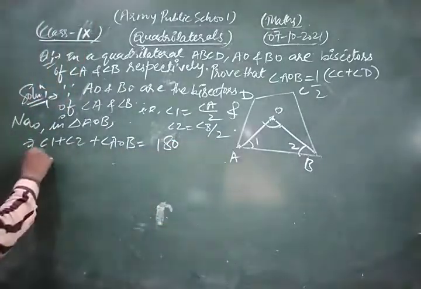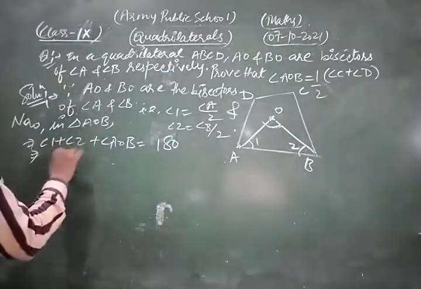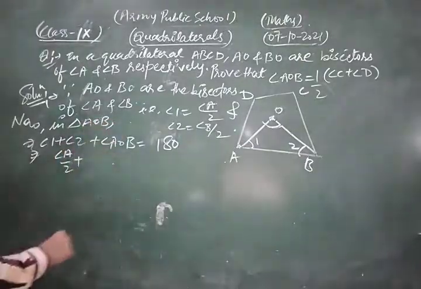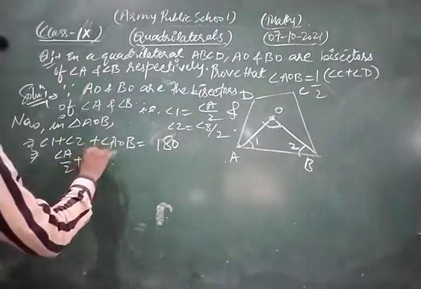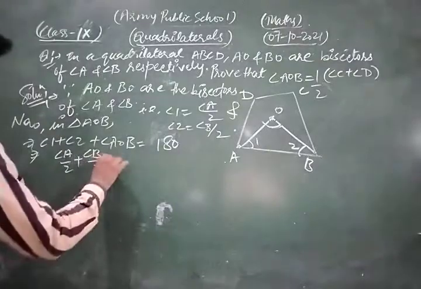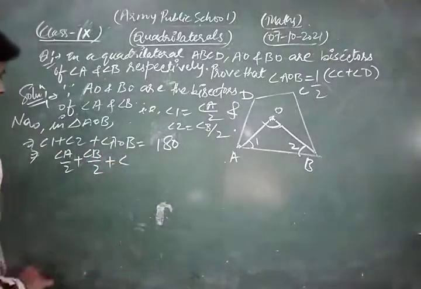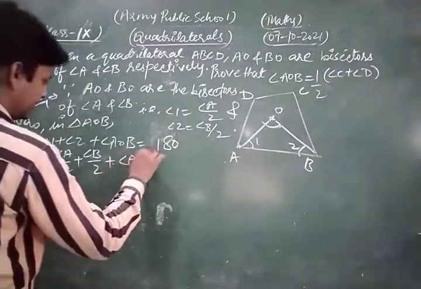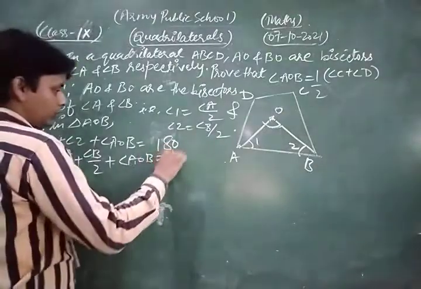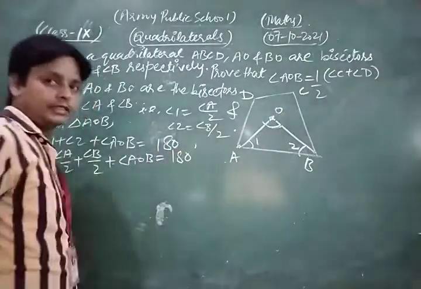Now the value of angle 1 is what? Half of angle A, and the value of angle 2 is what? Half of angle B, plus angle AOB, write as it is, is equal to 180.